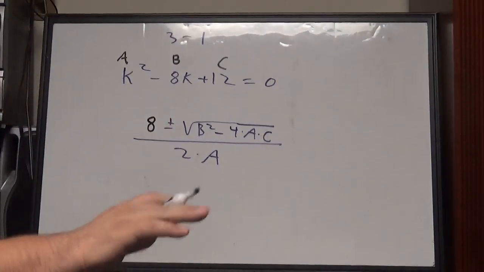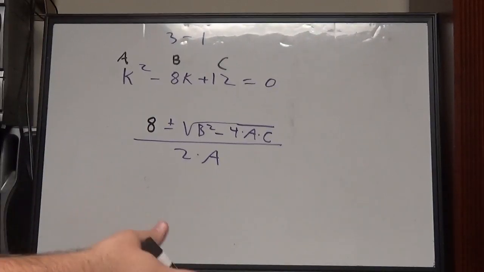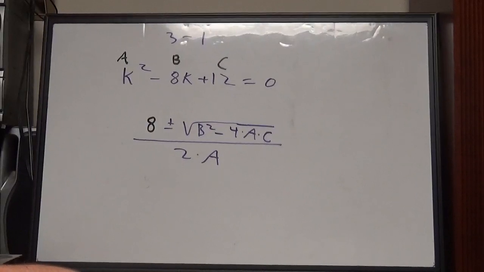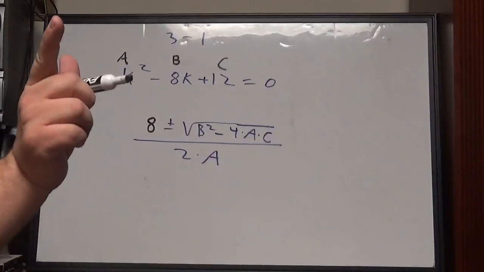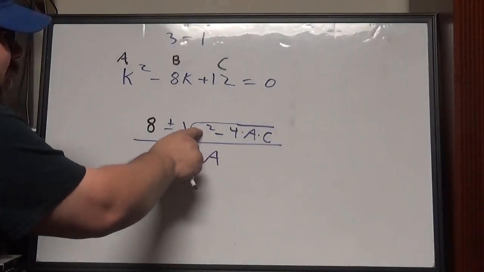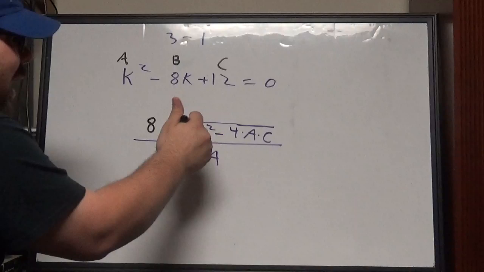The negative and negative cancel and become positive, so I'm just going to put the +8. Inside the square root, where I see a b that is -8, I'm also going to put a positive.